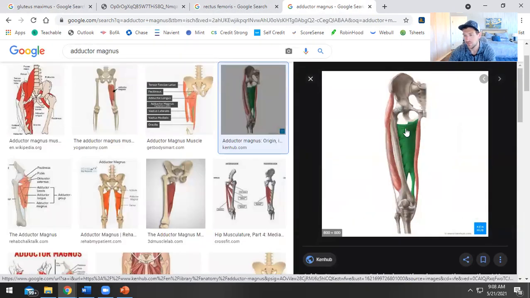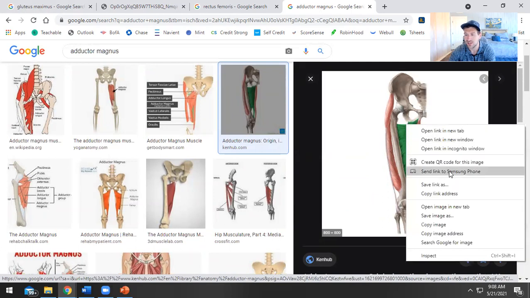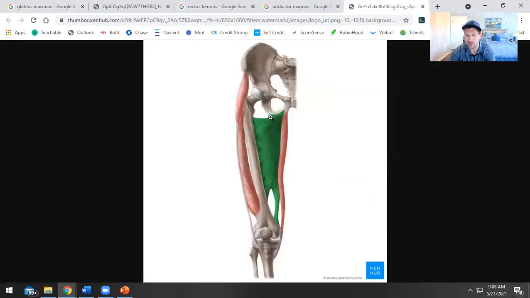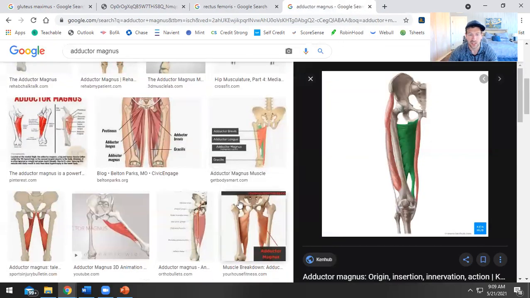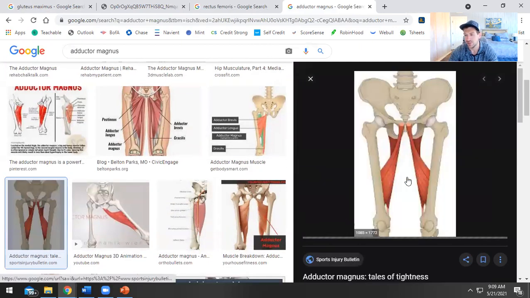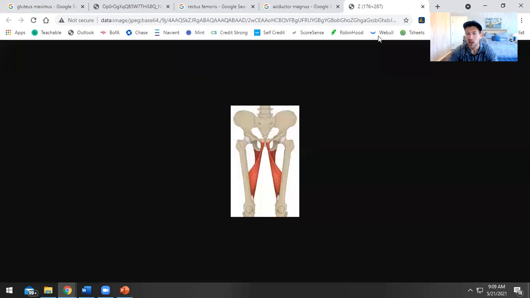It's this big webbing fiber right here. You've got the long ones that are running all the way down. The magnus, if you look really carefully at this picture, you see this little flap back here at the very top. That's actually the posterior section of the fibers. And that's the part that's in charge of hip extension, the posterior side of those adductor magnus fibers. So, that's a great picture right there.